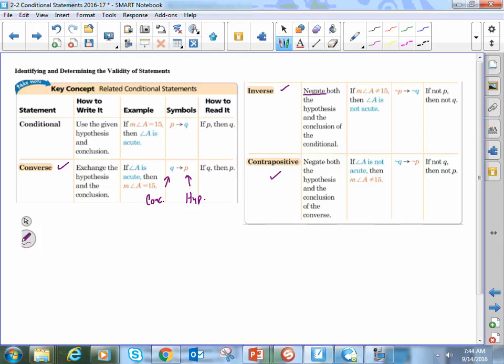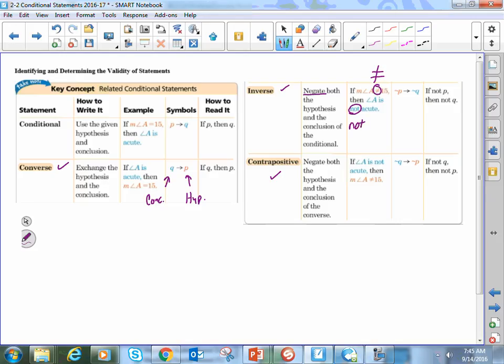So here, the original statement says if the measure of angle A is 15, then angle A is acute. That's the original conditional statement. The inverse keeps the order of the original statement. All it does is negate the hypothesis and conclusion. We can see it's negated right here with the not equal to symbol, and right here with the actual word not.